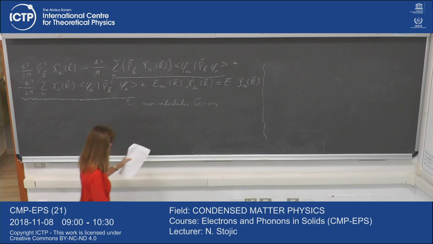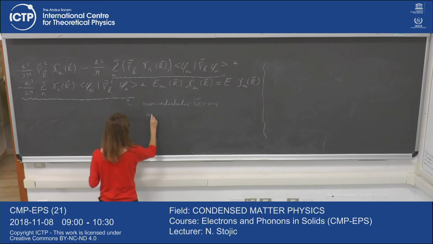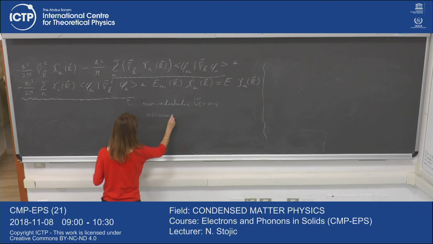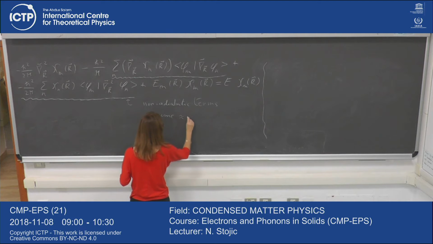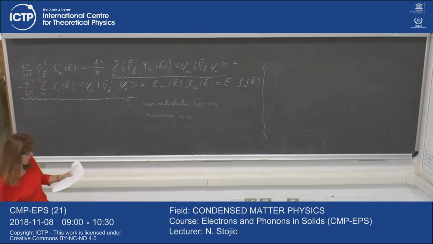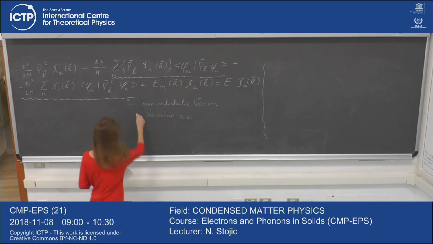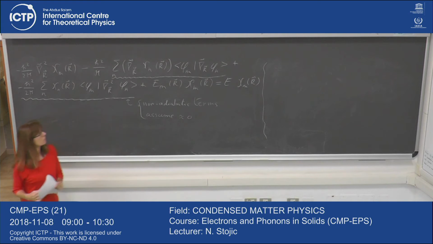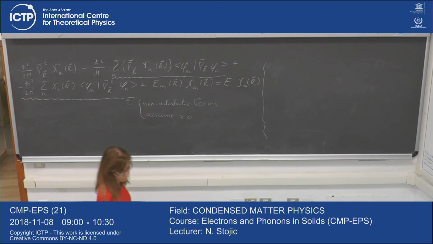And I will assume that they are close to zero, very small. So this is what we will assume, and I will show you later on that this makes sense, that these terms are actually very small.